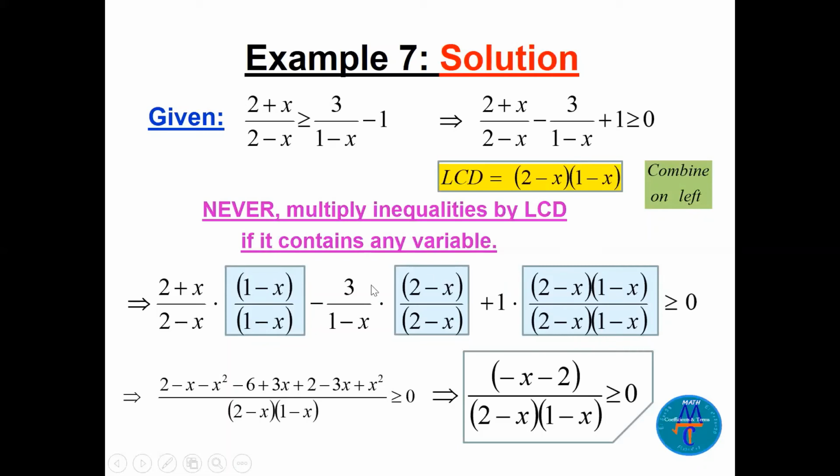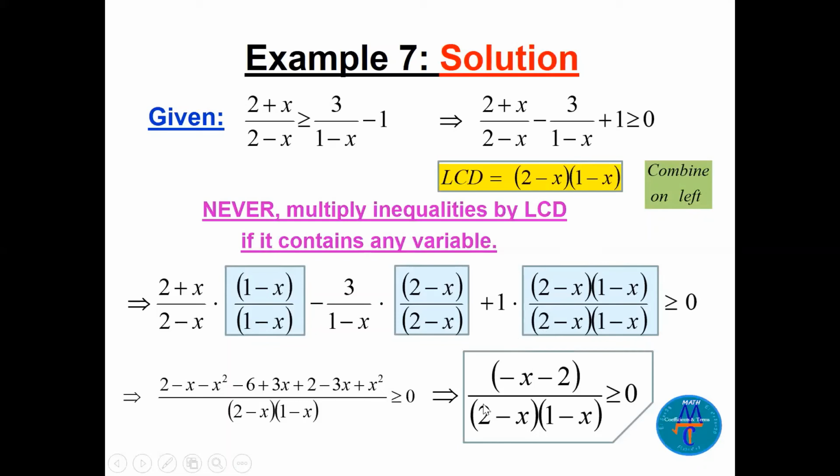Because when we simplify everything on the left, you see greater than 0, we simplify all this. x squared will be cancelled, minus 3x will be cancelled. So minus x minus 2, 2 minus x, 1 plus 1 minus x. You can check these, please.